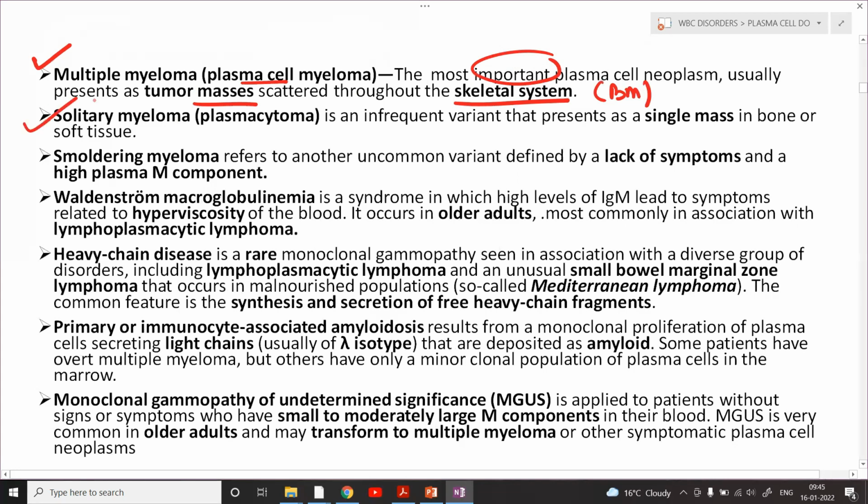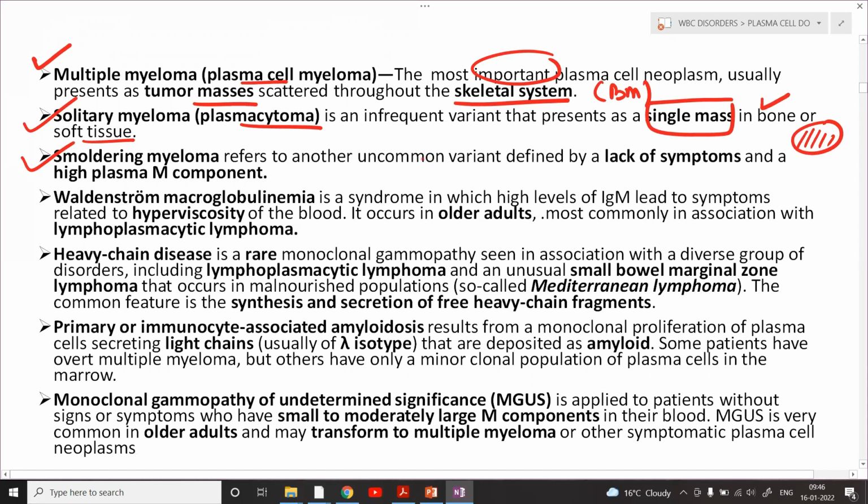When I'm talking about solitary plasmacytoma or solitary myeloma, that means just a single mass. It is not systemic, it is rather a localized condition. It can involve the surface of the bone, or it might involve any soft tissue, but there will just be a single tumor mass comprised of neoplastic plasma cells.